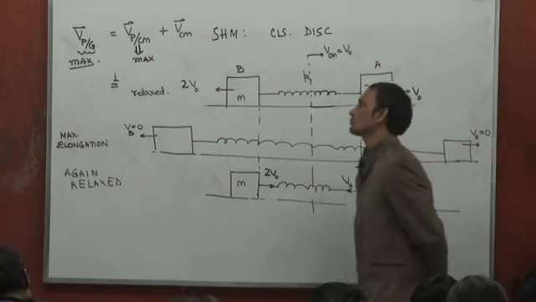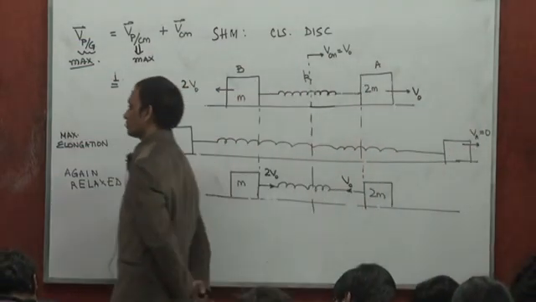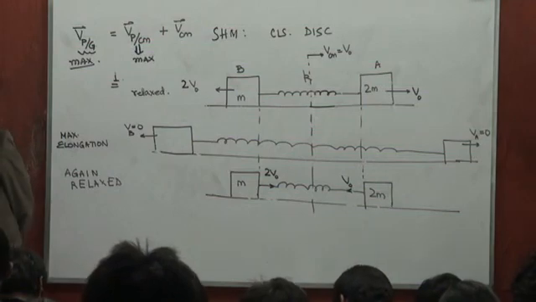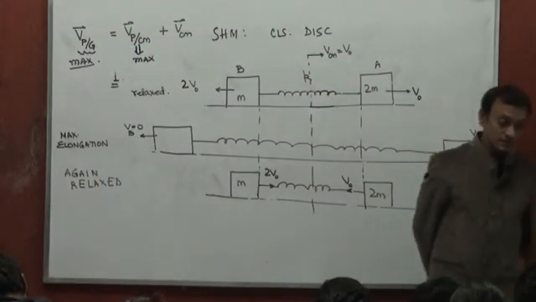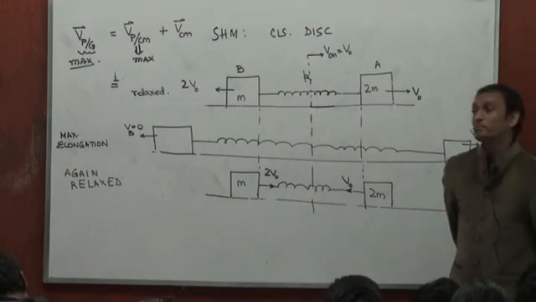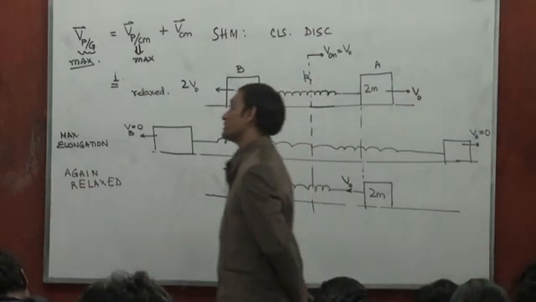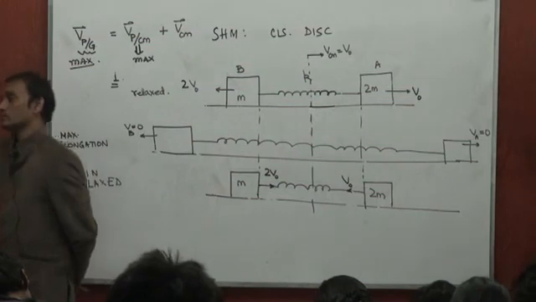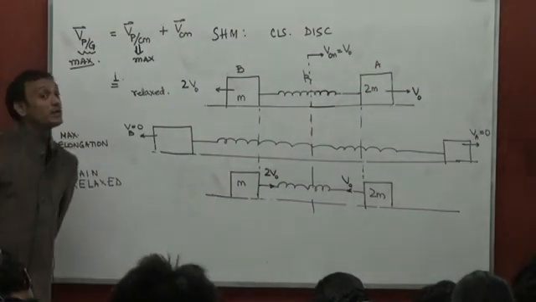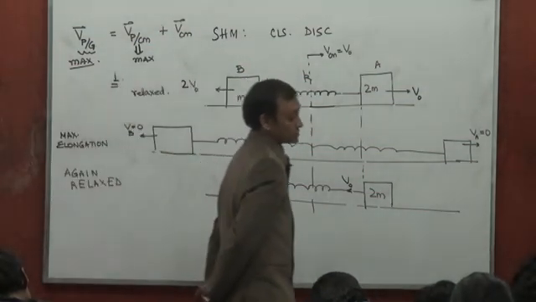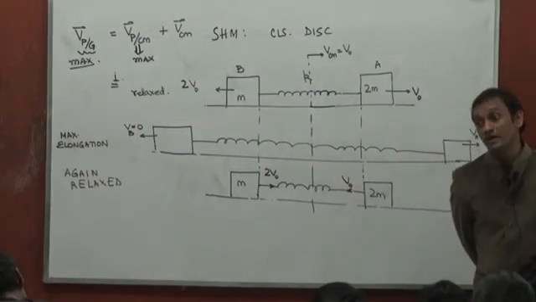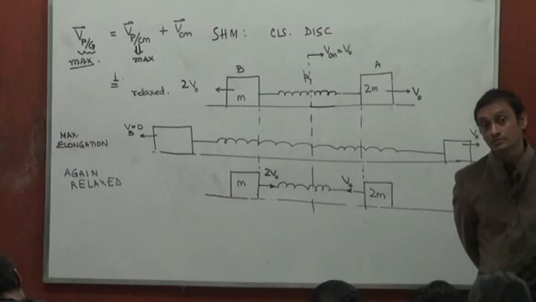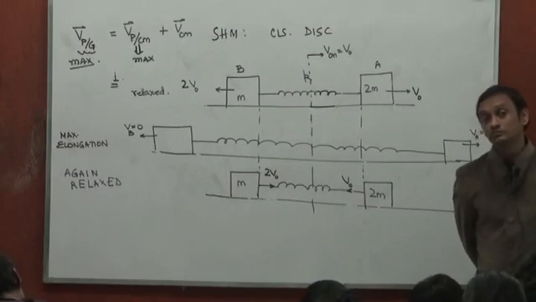Number one, the velocity of the particle in the center of mass frame must have the same direction as the velocity of the center of mass.